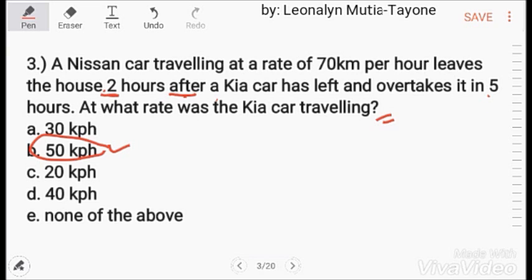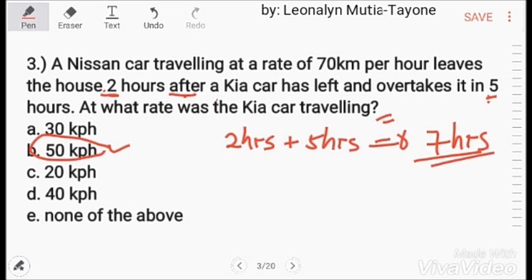Nauna na siya ng 2 hours. Naka-overtake siya ng 5 after 5 hours. So, bali, 7 hours, 2 hours na nauna, plus naka-overtake siya ng 5 hours, a total of 7 hours na si Kia.